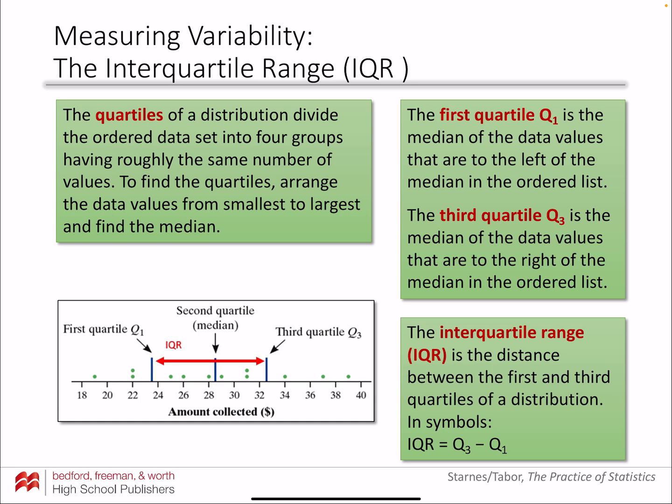It describes how wide the middle 50% of the values is. Unfortunately, it doesn't tell you where it is, right? It doesn't tell you where the numbers are. So in this particular example, it looks like the interquartile range is about 32 and change minus 23 and change. Maybe it's about 9. So we're going to look at some more examples.